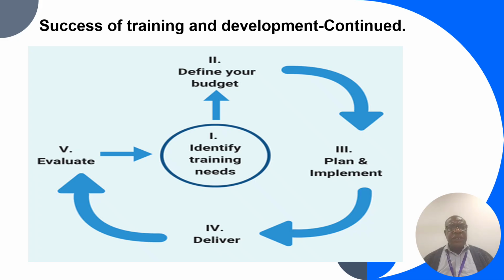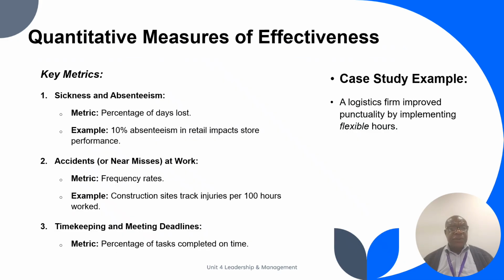When we look at quantitative measures, this is more about concrete numbers. For example, we can have sickness and absenteeism. In organizations, we can measure the percentage of days lost by employee sickness or absenteeism. For example, 10% absenteeism in retail impacts store performance.